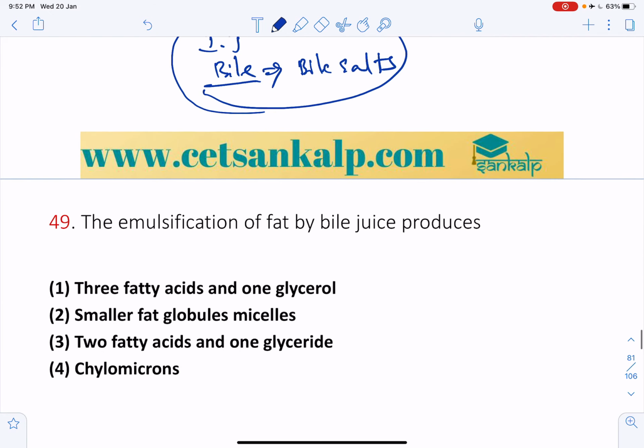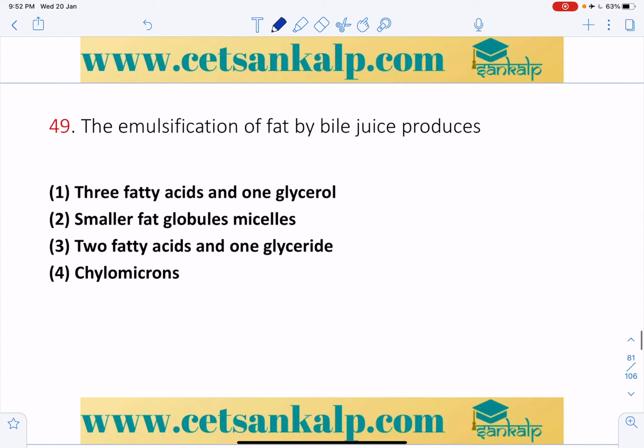Next, emulsification of fat by bile juice producers. Here, let us take triglycerides first, which are bigger molecules, converted into small fat globules.